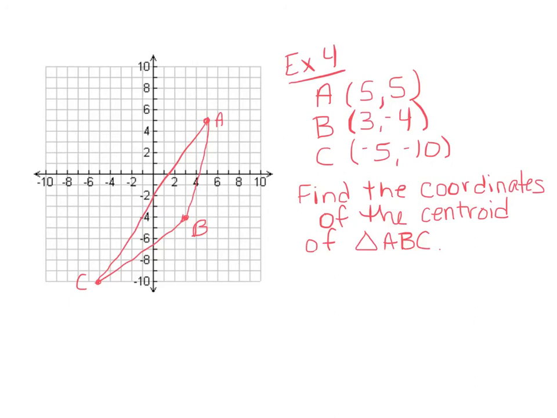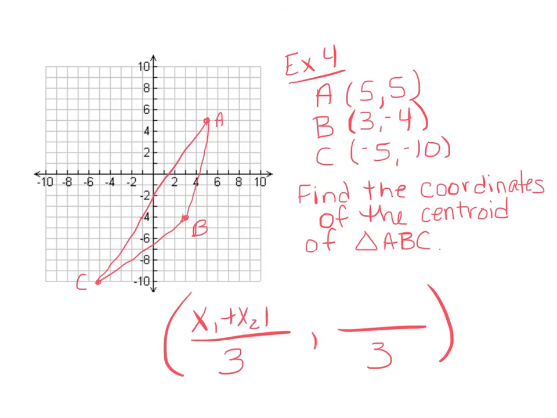Now we have to find the centroid of these. The nice thing is that just like we did the midpoint formula, we actually can do the same thing. We take the average, but this time we're taking the average of all 3 coordinates. So x1 plus x2 plus x3, and y1 plus y2 plus y3, and divide them by 3.